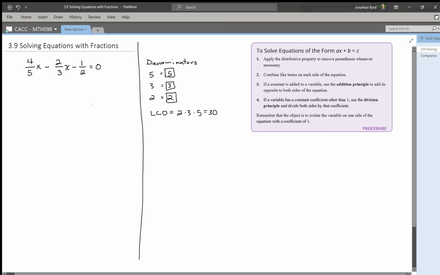Okay, but this time, rather than figuring out what I would need to multiply by in order to change the fractions over to equivalence with a common denominator, what I want to do is just multiply the whole entire equation by the LCD.